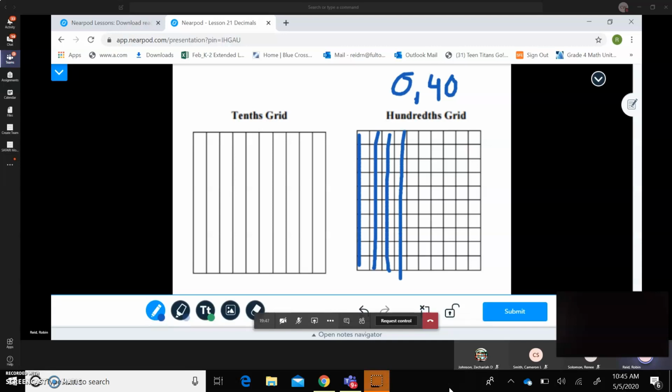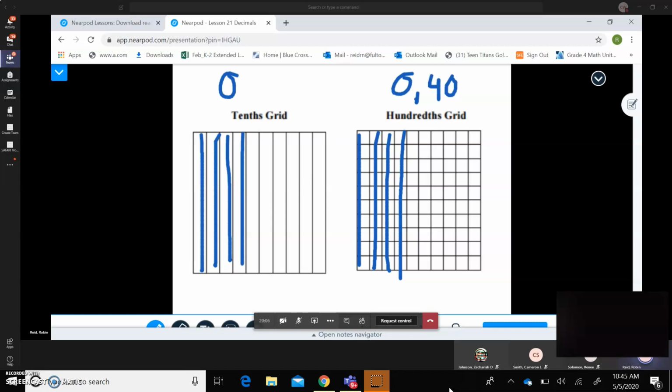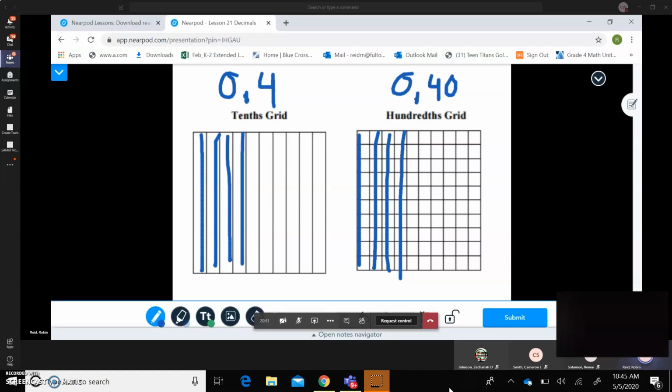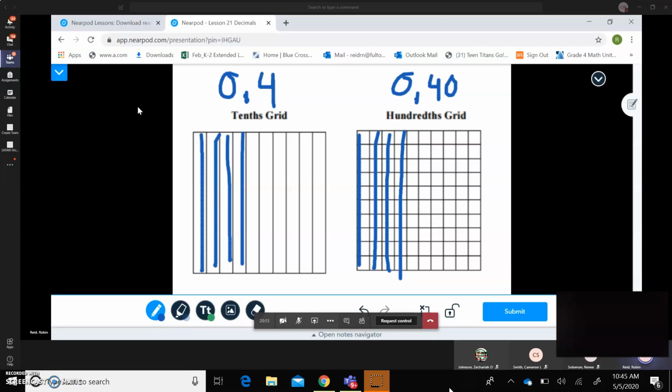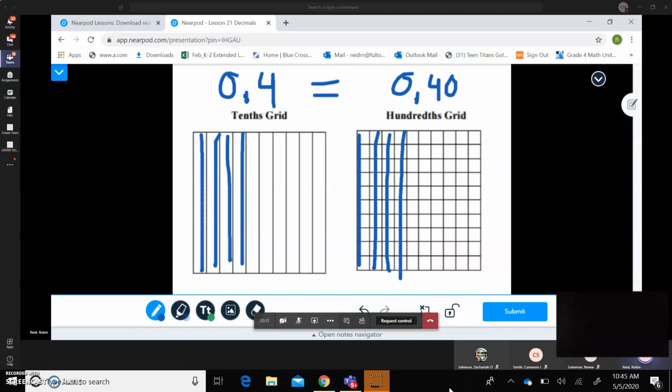Okay, and then I want to make 40 hundredths using the tenths place. All I have to do is find the equivalent of 40 hundredths, which is what we talked about last week, 4 tenths. So I show you 4 and you write 4 tenths, 0 decimal 4. Okay, 4 tenths. And they are equivalent because they both have the same shaded amount.